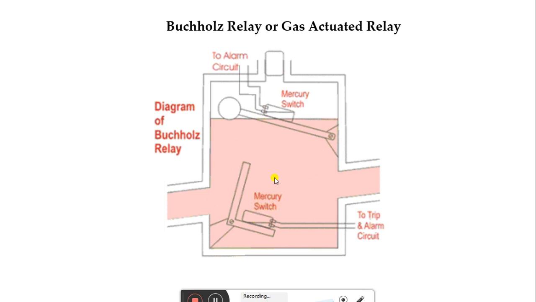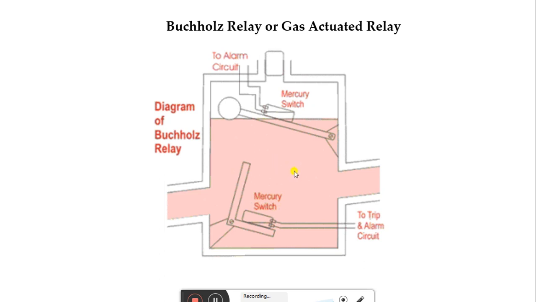These mercury switches are placed in such a way that due to any surge of oil inside the transformer, they may be operated, whether at the top side or the bottom side.